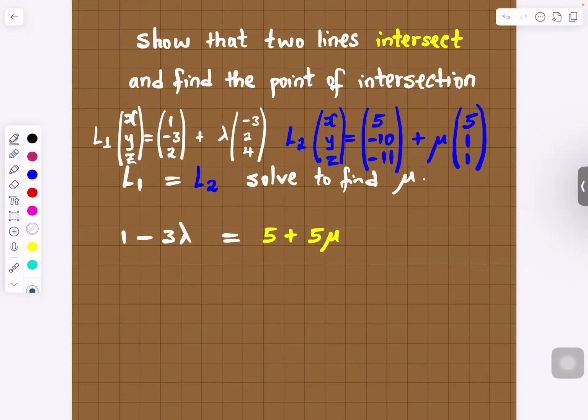The next one, minus 3 plus 2 lambda, and then 2 plus 4 lambda. So minus 3 plus 2 lambda should be equal to minus 10 plus mu, and then minus 11 plus mu.